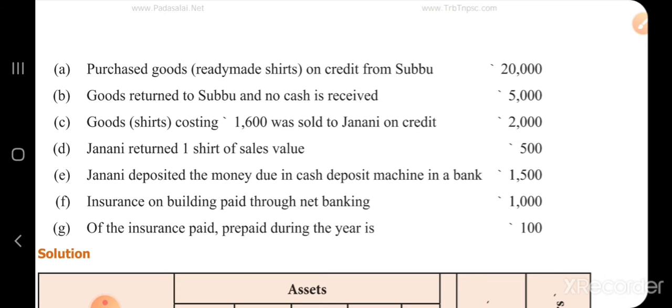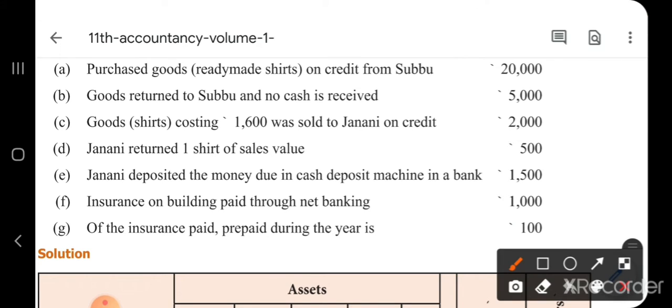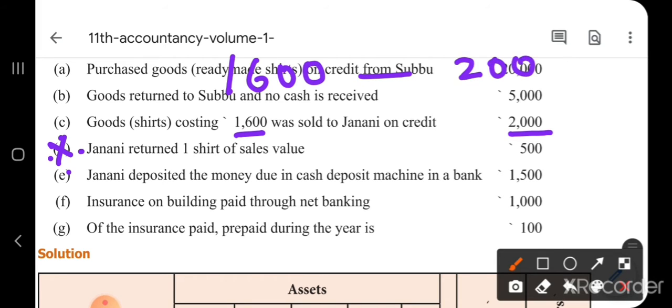And see, this is very important. See the earlier transaction. 1,600 worth of goods was sold for 2,000. Now they are returning. Janani returned goods worth rupees 500.